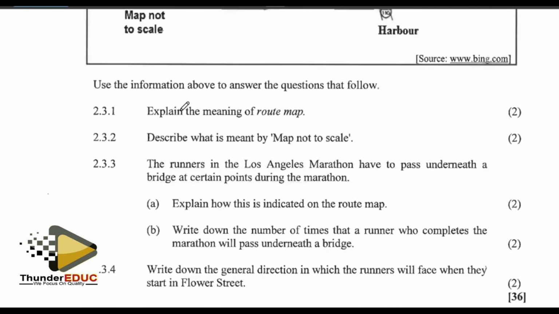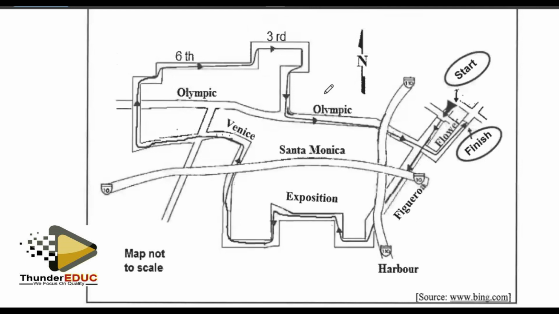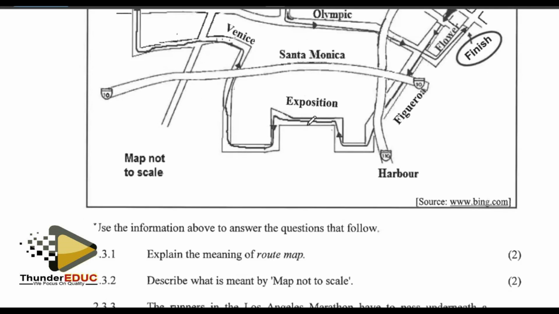They say explain the meaning of the route map. This is straightforward as you look at it. The route map shows the way people who are running will follow. You understand? Which route are you going to take?